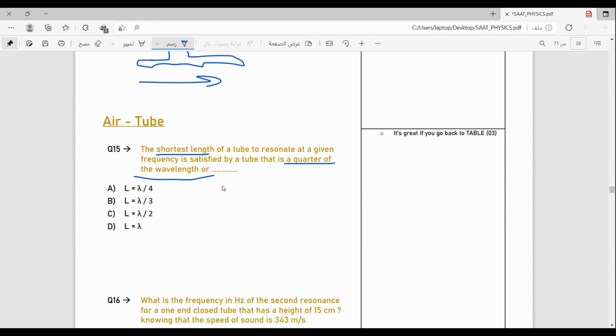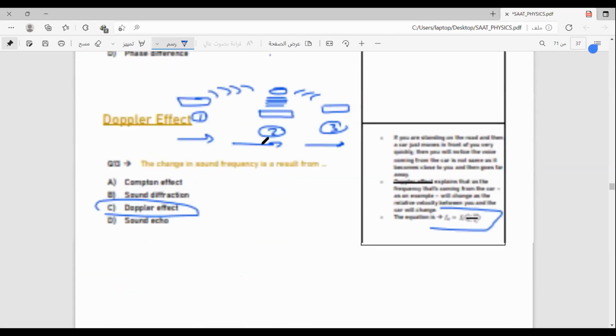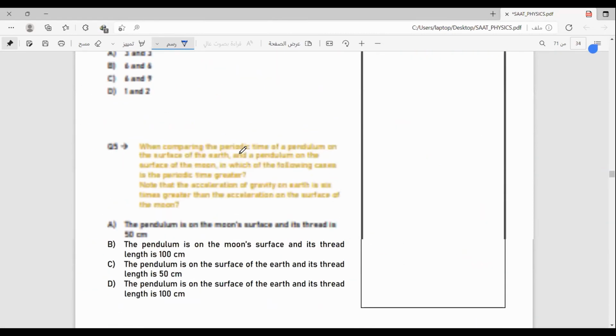We saw before in the table that either we have half wavelength, or maybe a quarter wavelength, and so on. But the lowest that we see is a quarter, isn't it? Let me go back quickly. Where is that table?